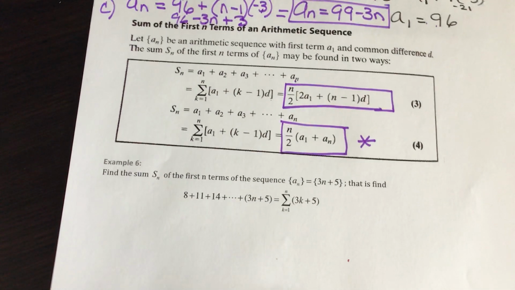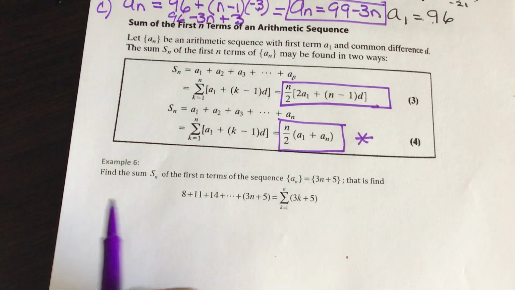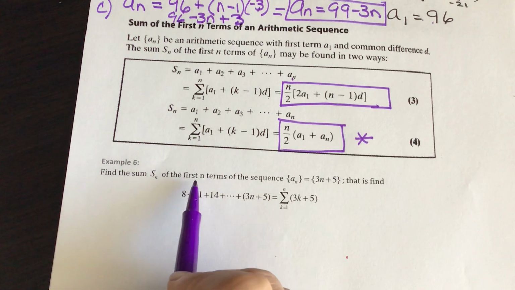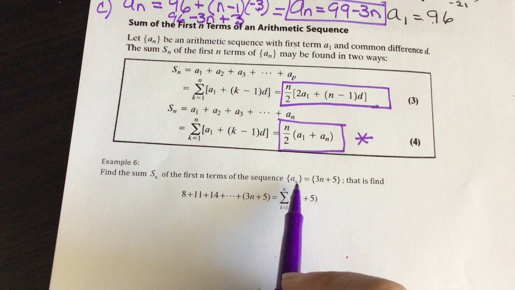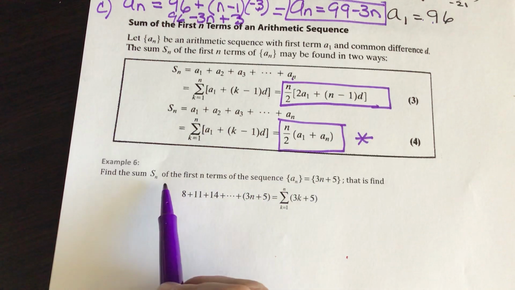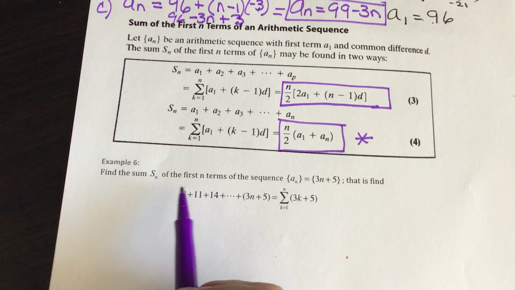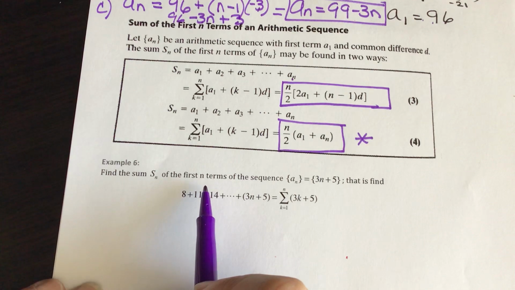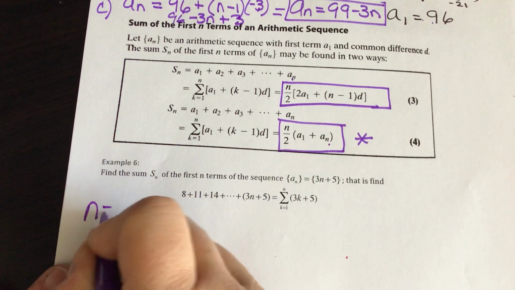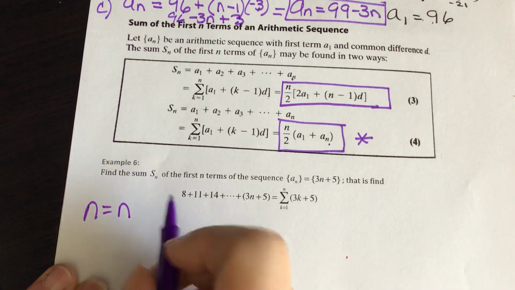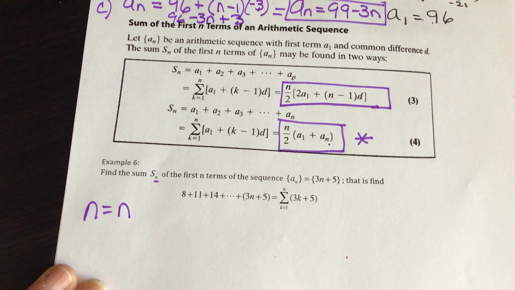So in example 6, it asks us to find the sum of the first n terms of the sequence. All right, so I want to add them all up. If I'm going to use this formula, n is just going to equal n because it doesn't tell me how many there are.